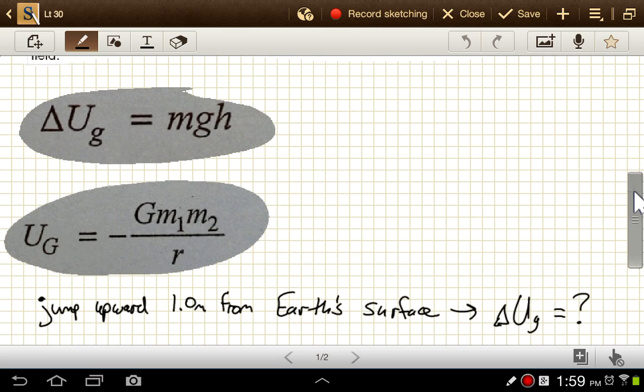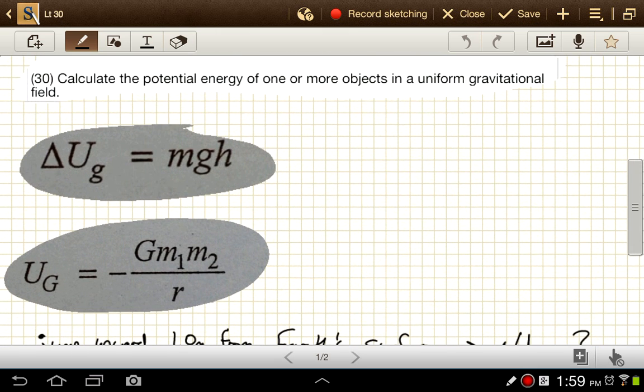If we want an actual value for gravitational potential energy, though, this equation is the one we're going to have to use for the potential energy at a single position for these two objects relative to each other. Now, typically in physics, not AP Physics, but regular physics, we would have used the simpler equation, and we would have talked about the potential energy of a single object above the surface of the Earth.